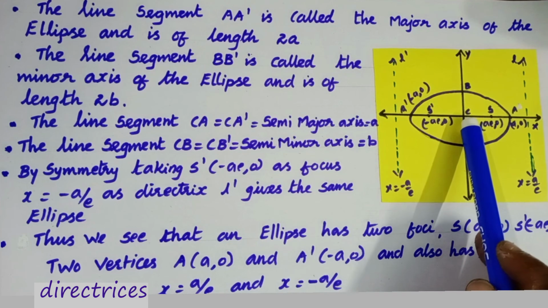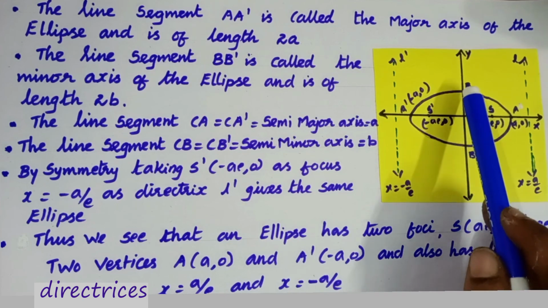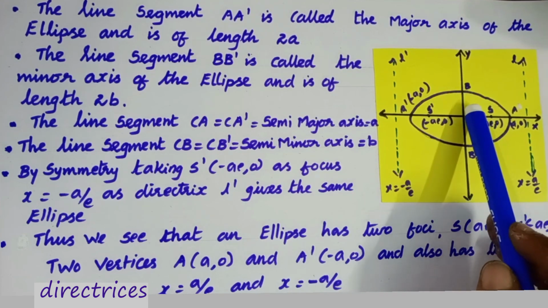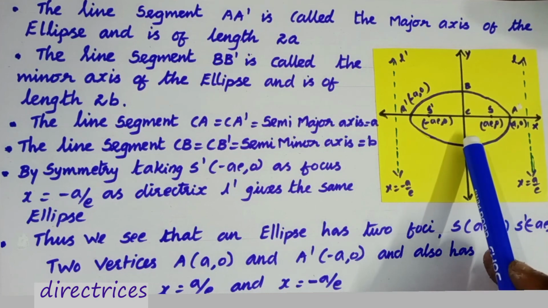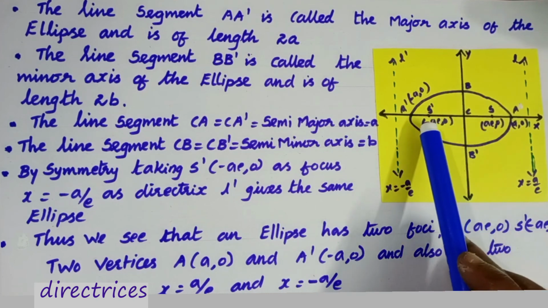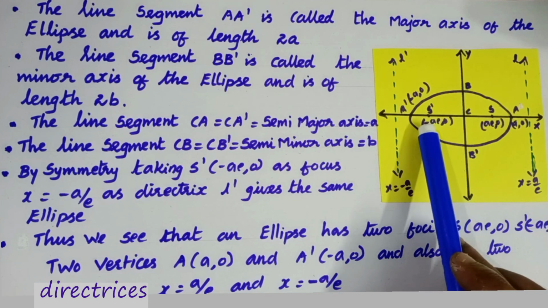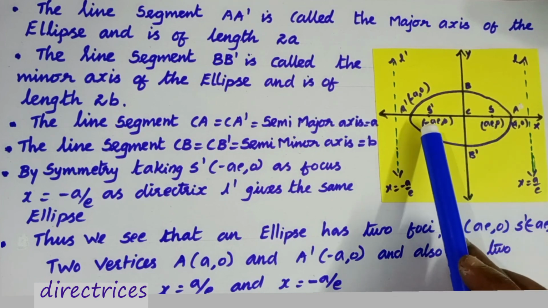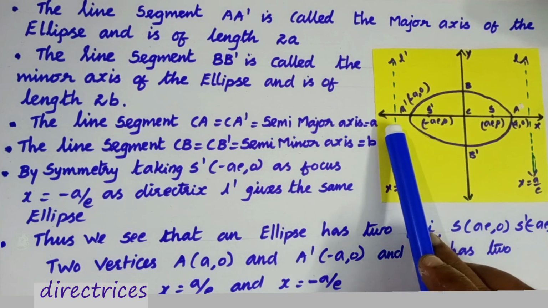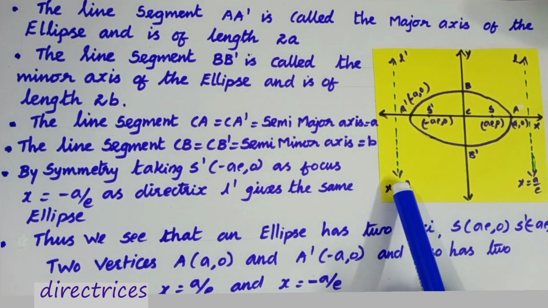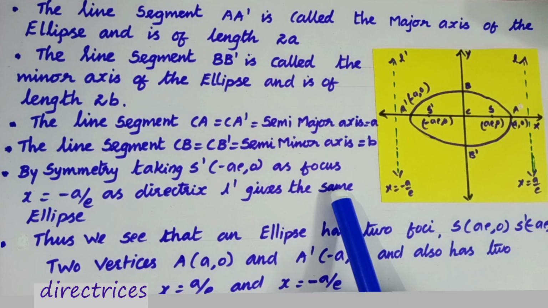Similarly, from the center C to B, CB and CB dash are called the semi-minor axis, and its length is small b. So by symmetry we have S dash, that is another focus (minus ae, 0), and another directrix L dash in the same ellipse.